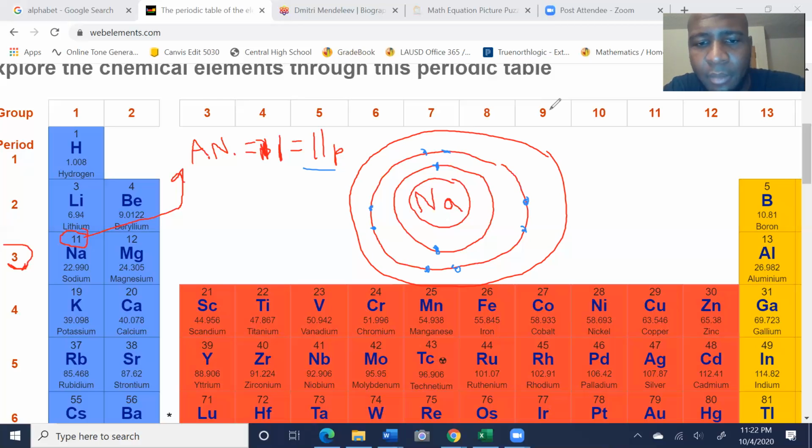Okay, I gotta stop. I don't have any more room. I can only have 8 at the most after the first energy shell. So right now, I have a total of 10. All I need is 1 more, and I can add it on this outer shell. So now I have a total of 11 electrons.